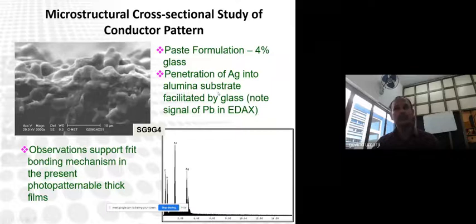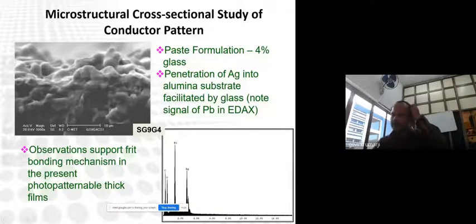When we see the 4% glass, we can see penetration of the Ag into the alumina substrate facilitated by the glass, which also gives a signal in EDAX, where at a particular point we see that Ag and lead are also observed. This observation supports that the frit bonding mechanism is present in the photopattern.